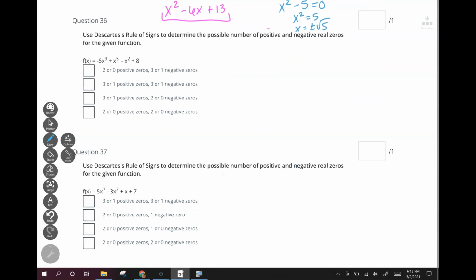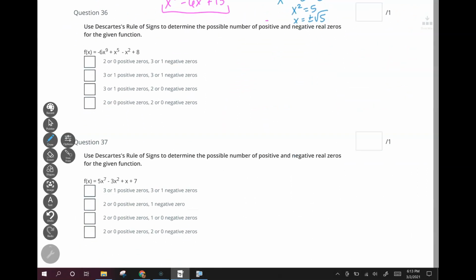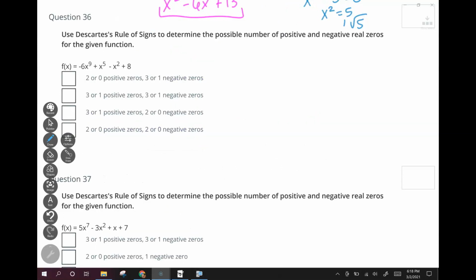All right, moving on to Descartes' rule of signs, and then we should be finished. So remember, for the number of positive real zeros, you're looking for the number of sign changes on f of x. So for f of x, we have negative 6x to the 9th plus 5x squared minus x squared plus 8.